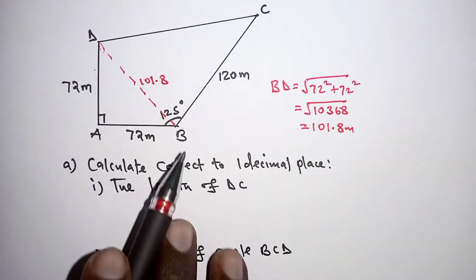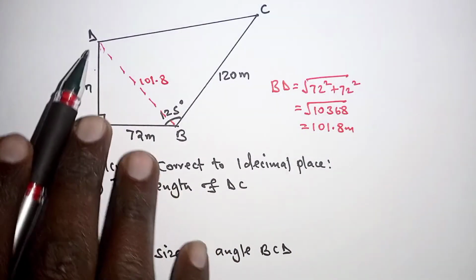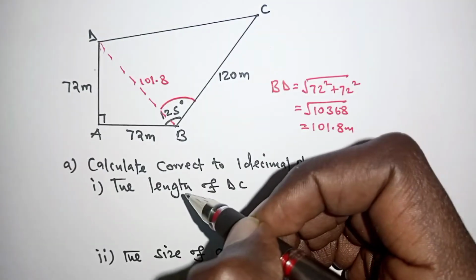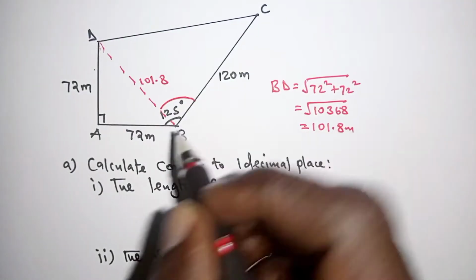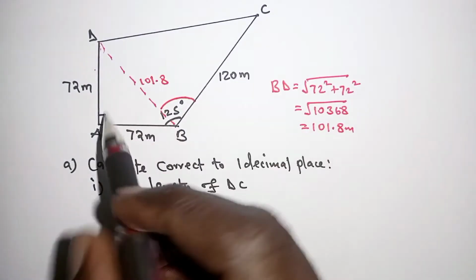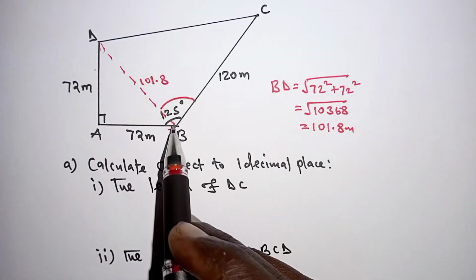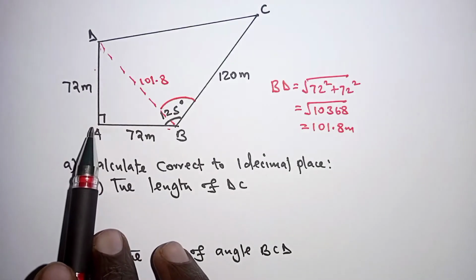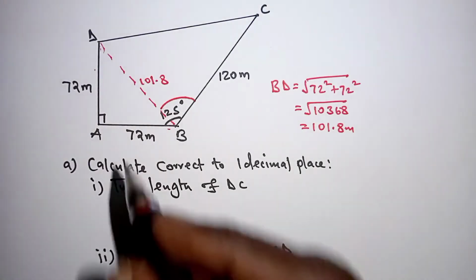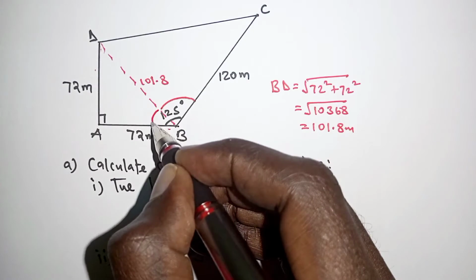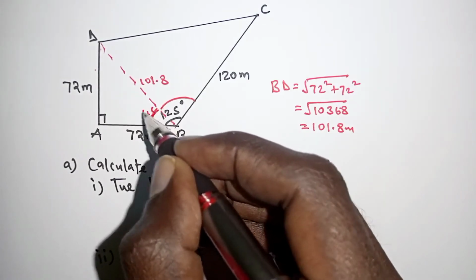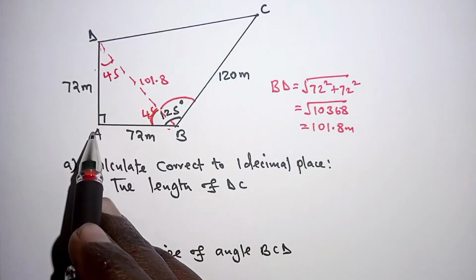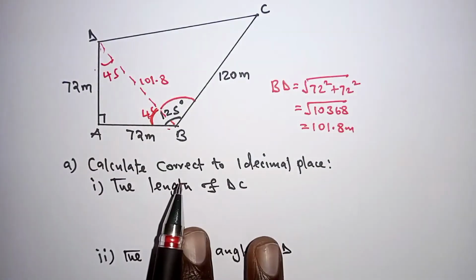So with the length BD, we can again determine the size of this angle, and we are going to reason that if this is an isosceles triangle, because this side AD and AB are equal, then the angle here should be 45 and here too should be 45, because at point A we have a right angle.